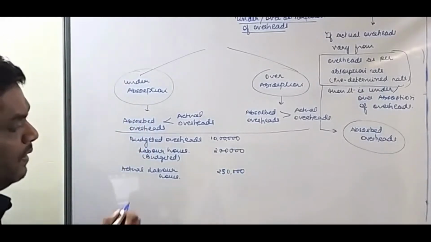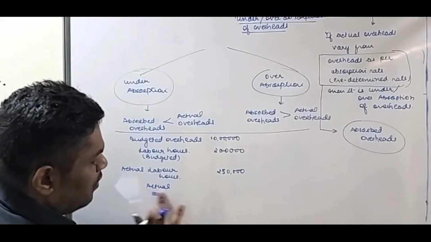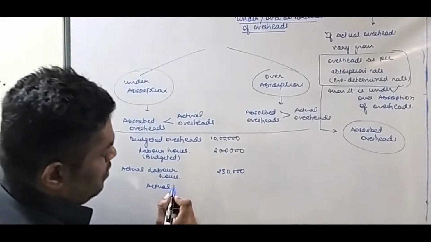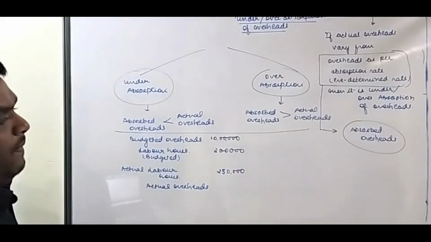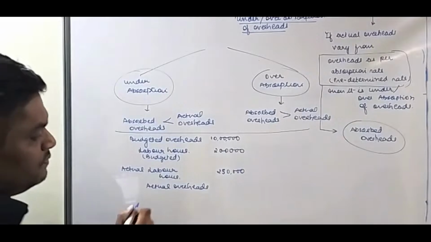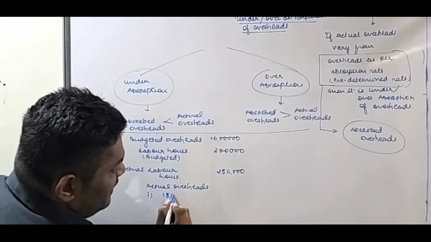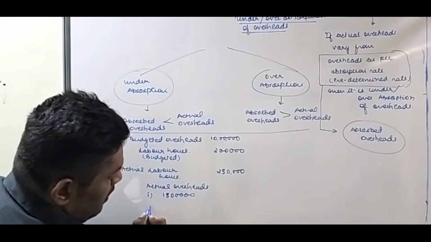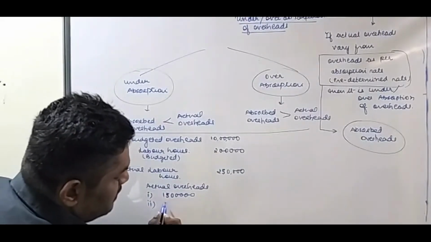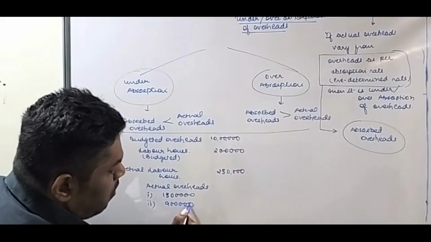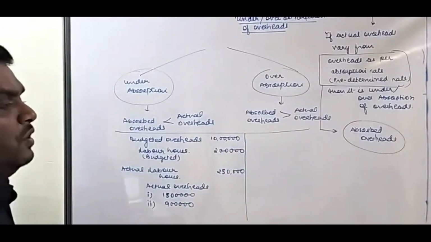Now, my actual overheads are also given. In the first case, let's say it is 15 lakh. And let's say in the second case, it is 9 lakh. Now you have to calculate the under absorption or over absorption of overhead.